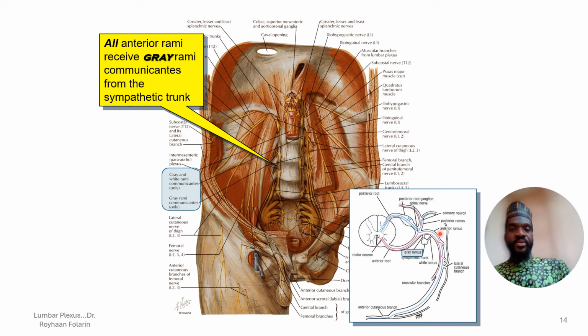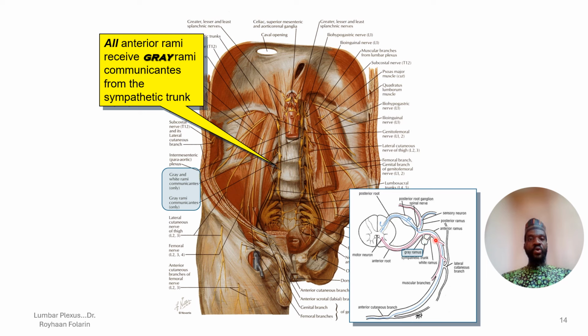All those fibers are contributed by the sympathetic trunk into the anterior rami that will then go into forming the plexuses to eventually innervate those muscles to be able to execute the fight and flight.